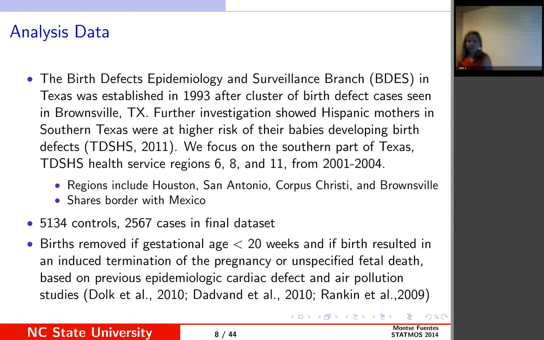We are working here with over 5,000 controls and 2,500 cases from 2001 until 2004. Again, the data have been geocoded, and we are using the births where the gestational age was less than 20 weeks.